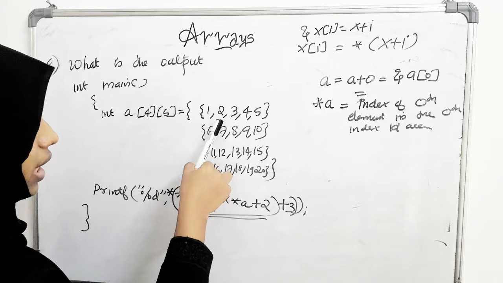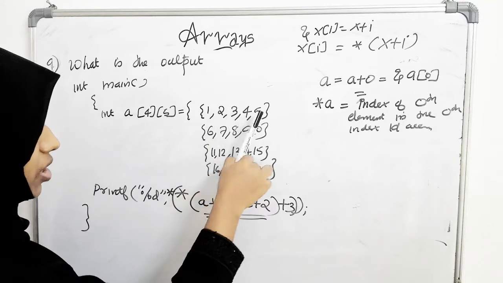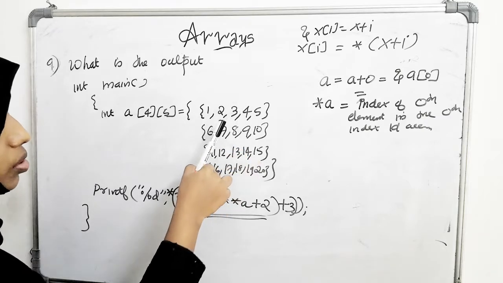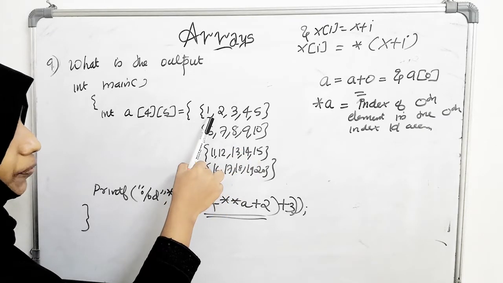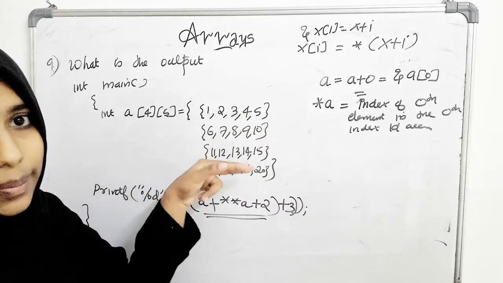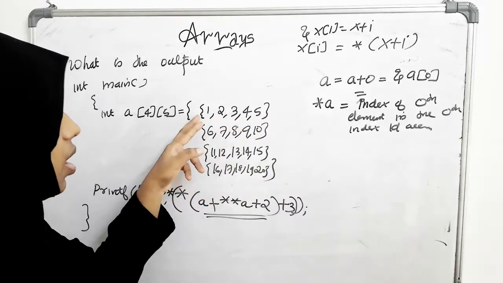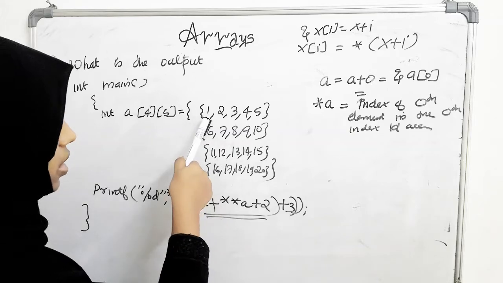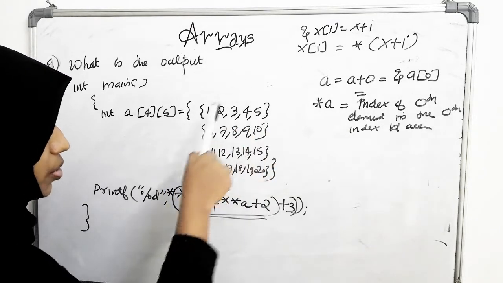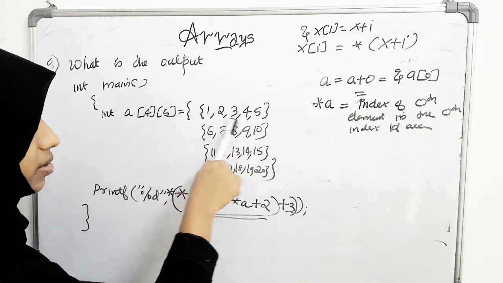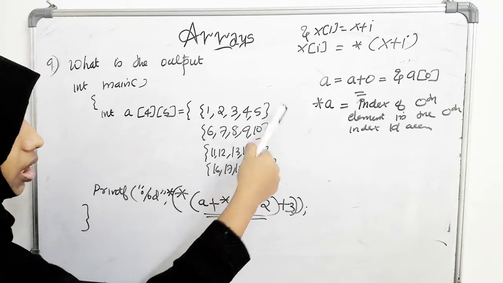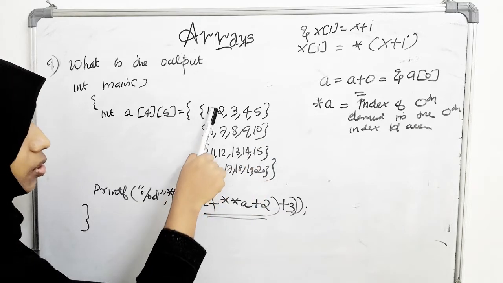A gives the base address of this array, the address of the 0th index array. So if you are giving star again, that means the address of this one.